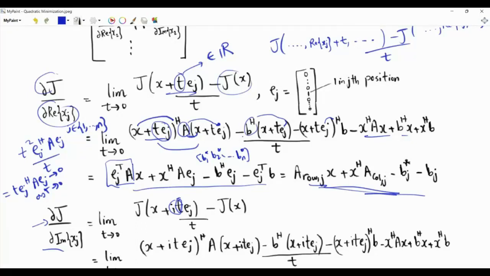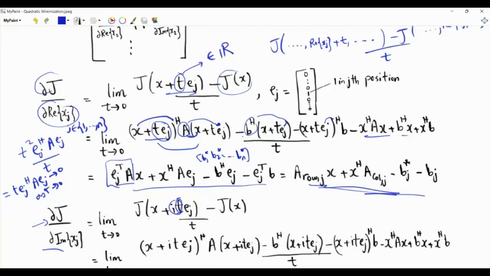It is real valued, but it is multiplied by I. So here we are perturbing, we are adding a t that will tend to 0 to the imaginary part of the jth component of vector x.